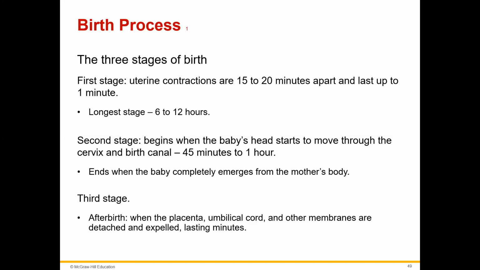The third stage is the afterbirth stage. It typically only lasts about 5 minutes. The placenta, the umbilical cord, and other membranes are detached and expelled. Typically, most mothers find this afterbirth fairly pain-free, although I've heard from some that it can still be painful, but probably not like the second stage when the baby was coming out.